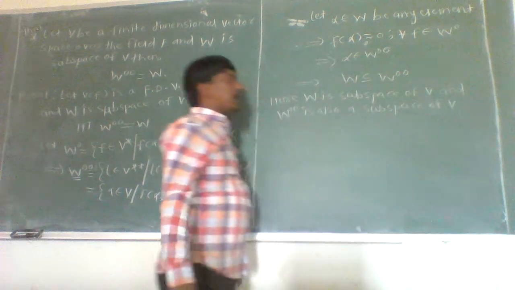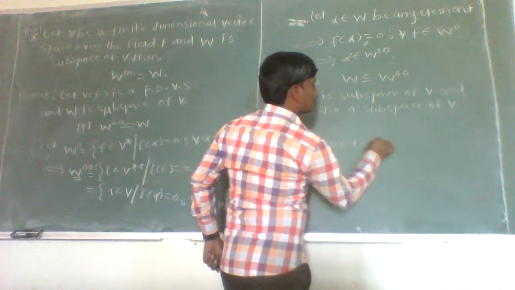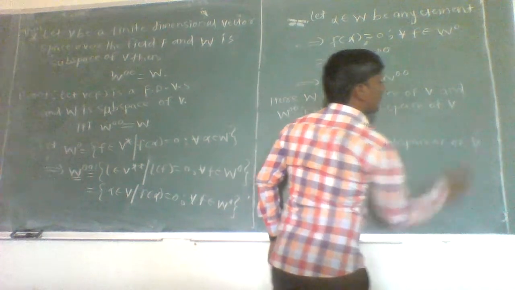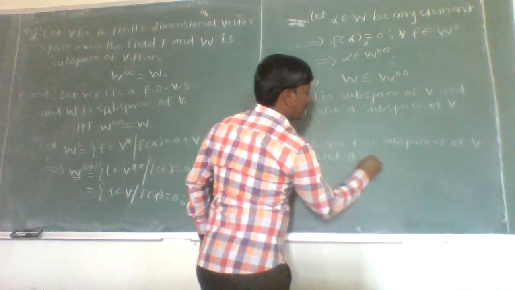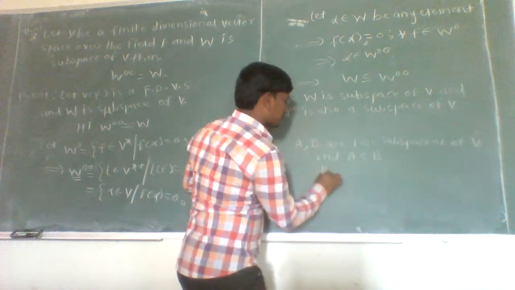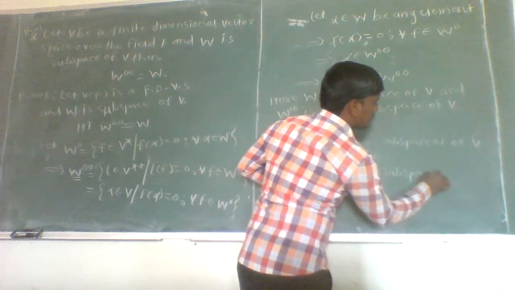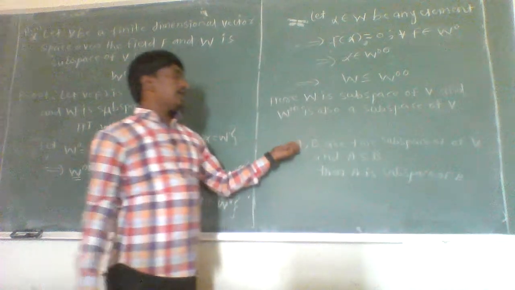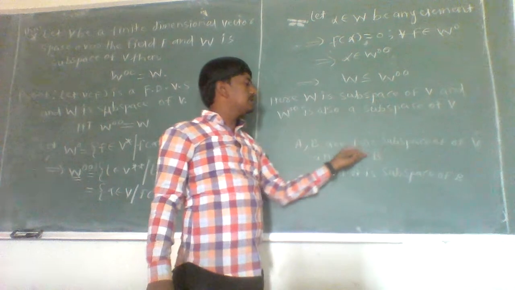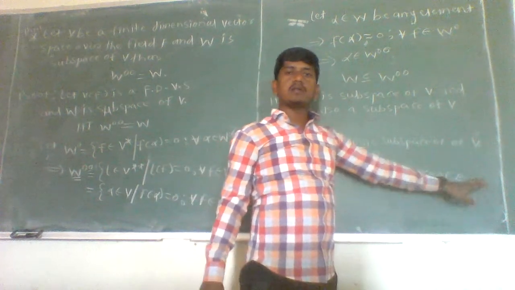And we know that if A and B are two subspaces of the same vector space V, and subspace A is a subset of subspace B, then A is a subspace of B. This is in general.